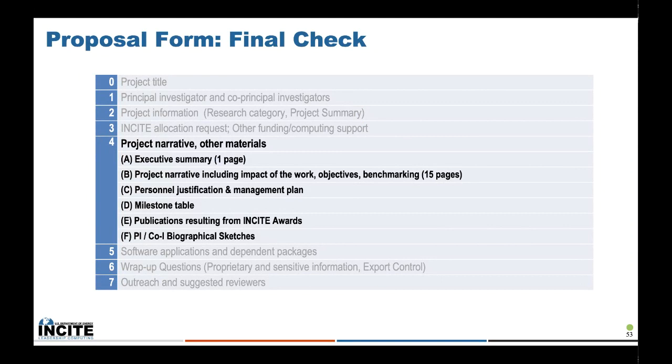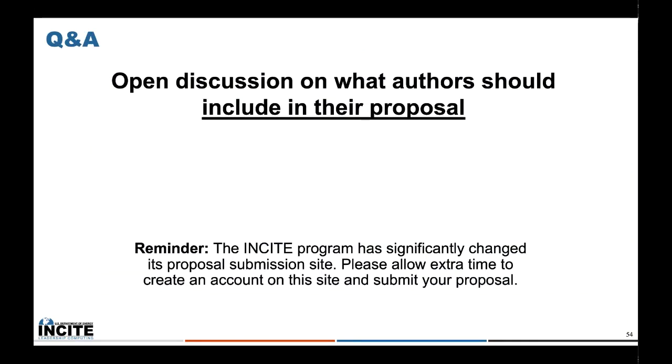So with that, we are done with the narrative, and I hope we gave you a good overview of what is inside the narrative, how to write it, and also hints on what is important in writing an INCITE proposal. So with that, we'll get back to Katrin, and she'll have some question answers and final remarks.